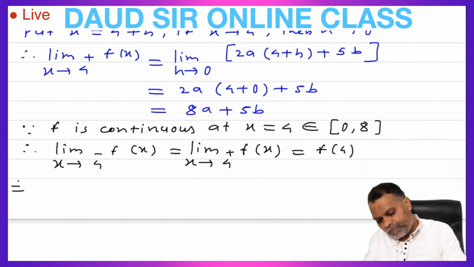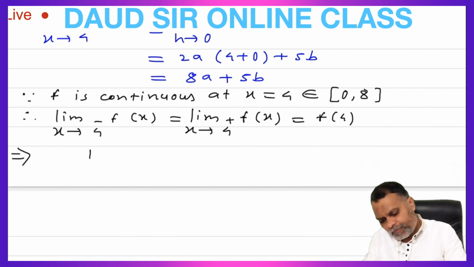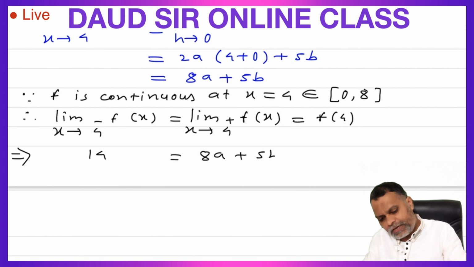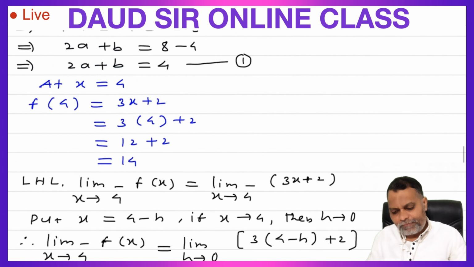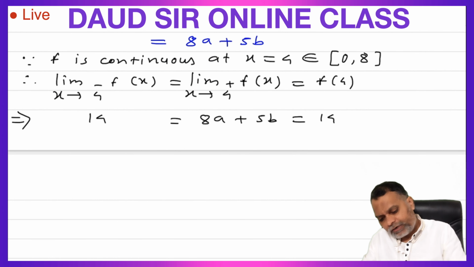Substitute values. Left hand limit 14. Right hand limit 8a plus 5b is equal to f of 4, 14. Take two parts equal.